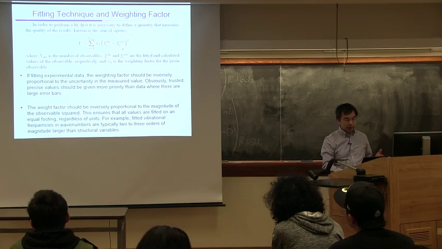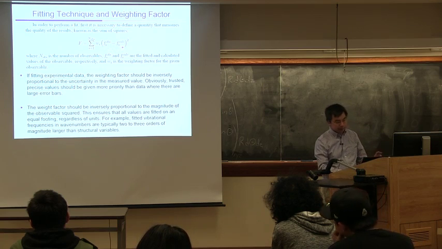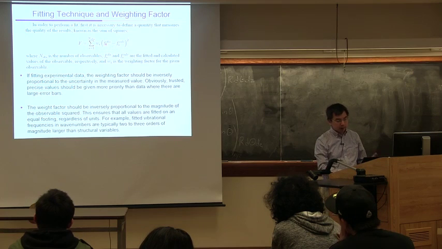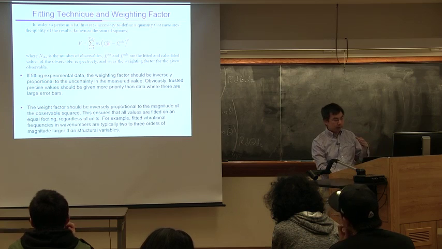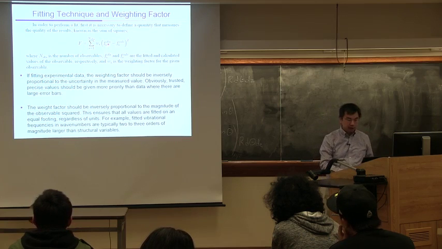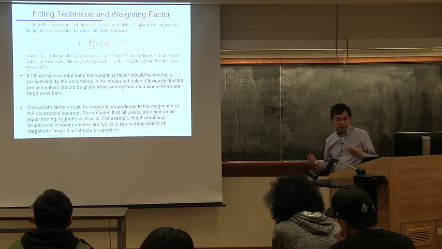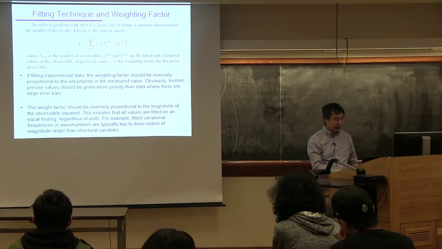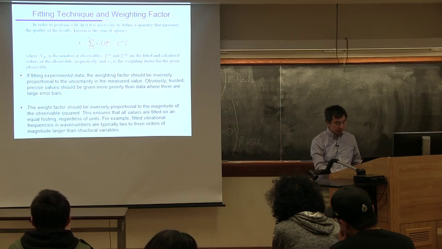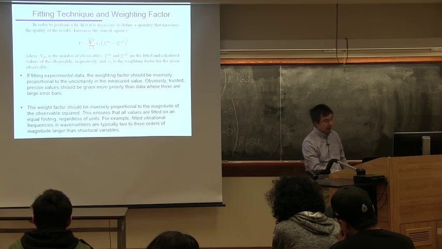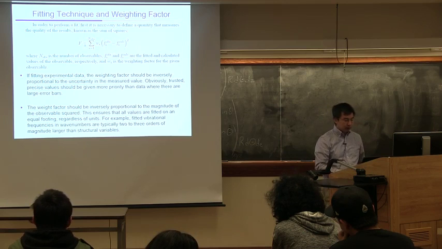The quality of a potential depends on how many observables you have, and you can assign different weighting functions. Observables can be lattice constant, elastic constant, bulk modulus, phonon frequencies, and energy, okay, for different configurations, right? So we want to minimize the square, okay?